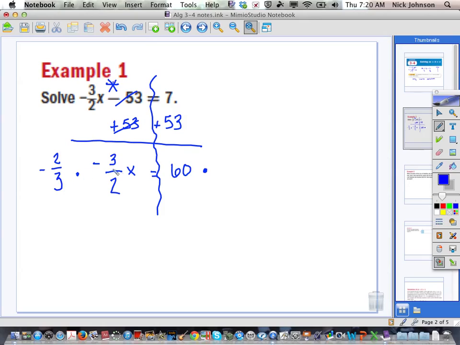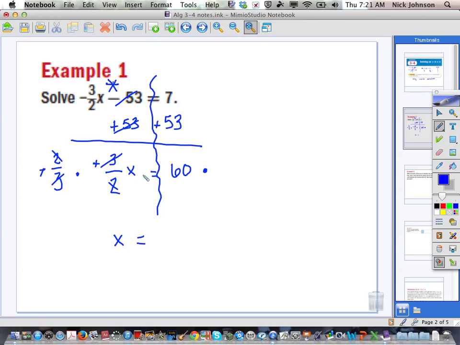All you have to do is flip these over. Numerator to the denominator, denominator to the numerator. That's our reciprocal. Signs stay the same. Why do signs stay the same? Well, we want a negative times a negative to give us a positive, because when we divide these out, we're going to be left with a positive 1x.